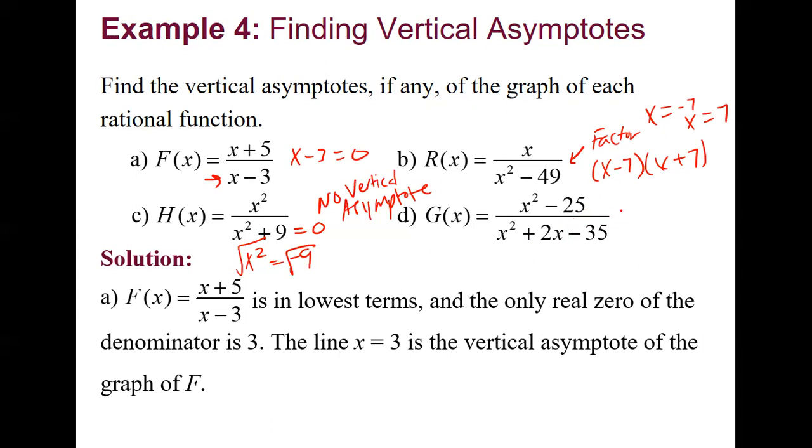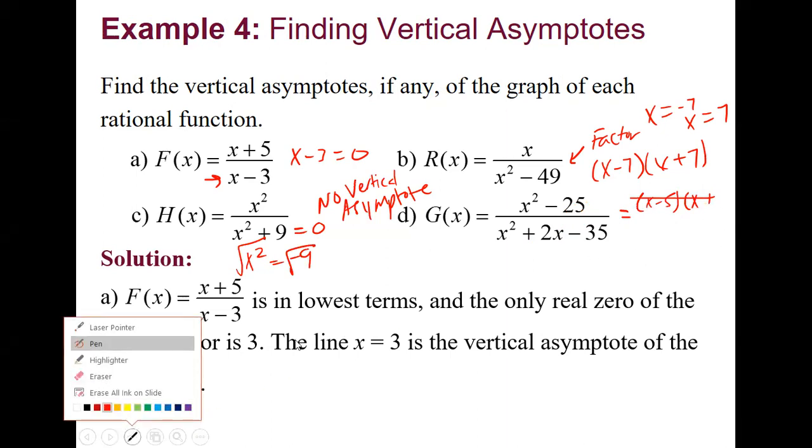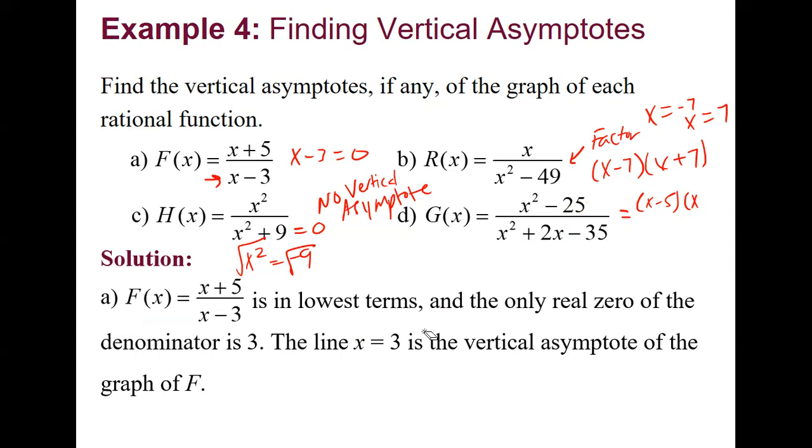So x squared minus 25 becomes x minus 5 times x plus 5, divided by what multiplies to give me -35, but adds to give me 2. What two numbers? Multiplies to give me -35, but adds to give me 2. 7 and 5? -5 and 7.